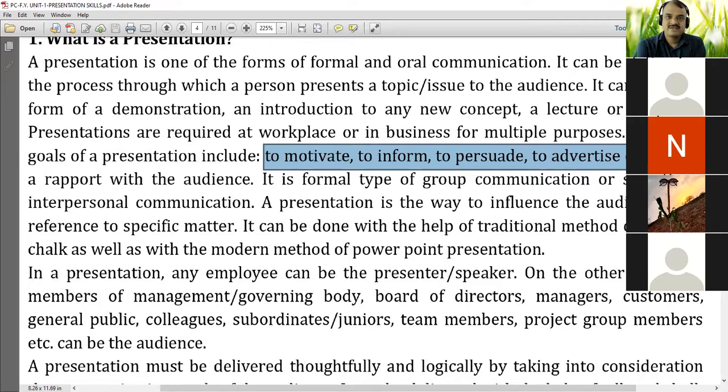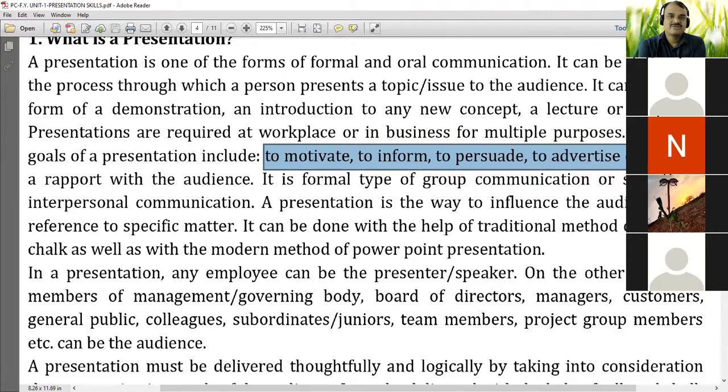Without that, you cannot get the cooperation of those people. Or you will have to simply go for distribution of responsibilities with the help of a presentation. This has to be done, right? Suppose there is a project, then who has to give what contribution for the completion of that project, you have to tell them. That's why presentation is necessary.